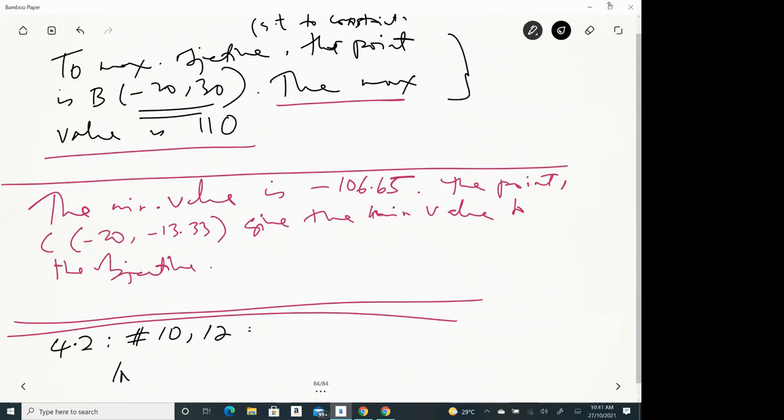The one that I want you to practice now is question number 14. That question is very simple. The inequalities are small value inequalities, so you can easily find the intercepts. I would like you to do question number 14. Do it now.